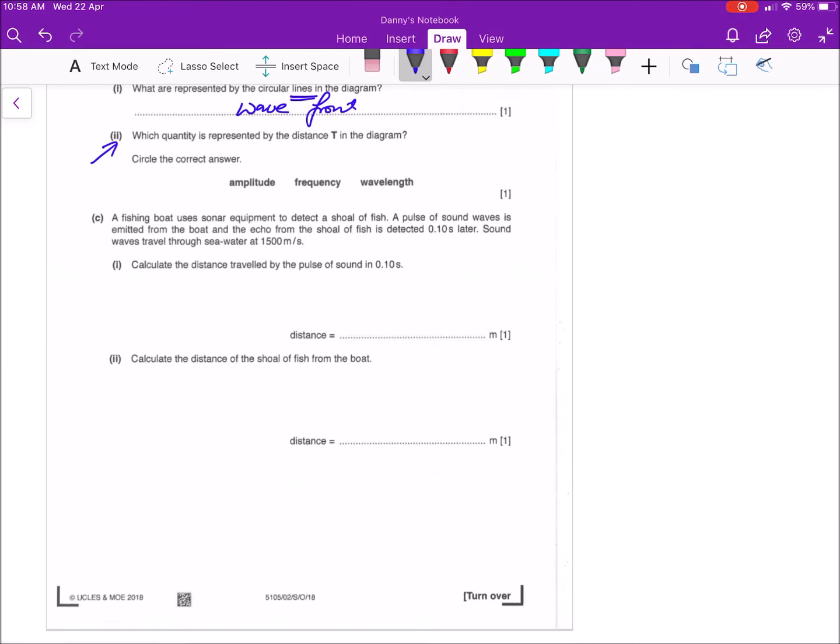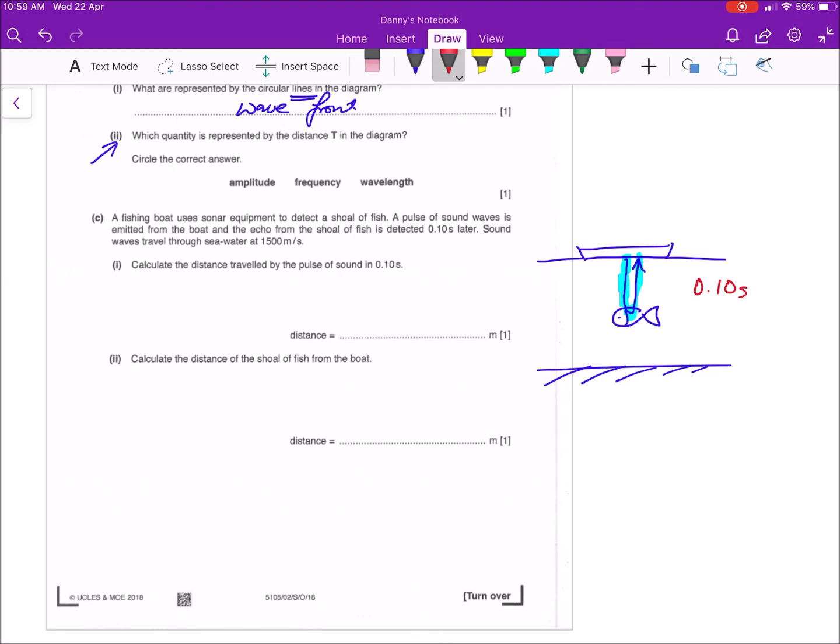Okay, down here you have a fishing boat, and then it sends a signal down to a school of fish. So a pulse of wave is sent down, and then after that it will reflect by the fish and come back to the receiver. So this entire journey took 0.10 seconds.